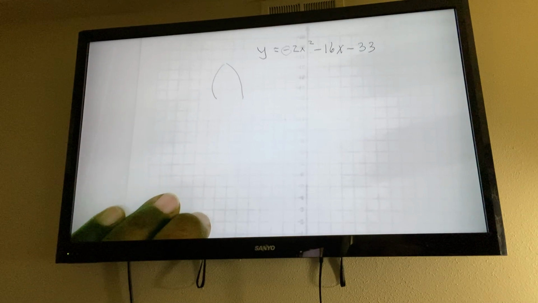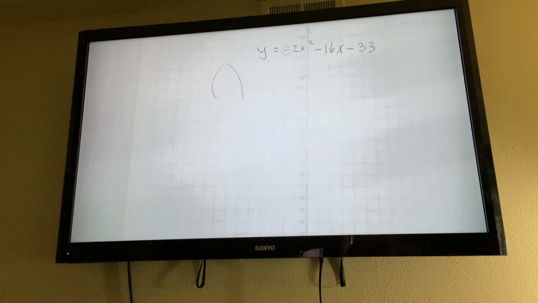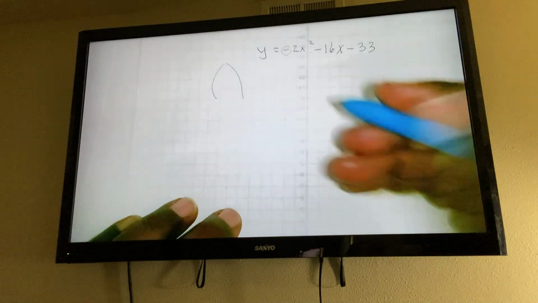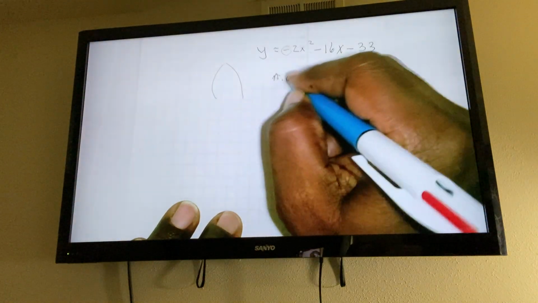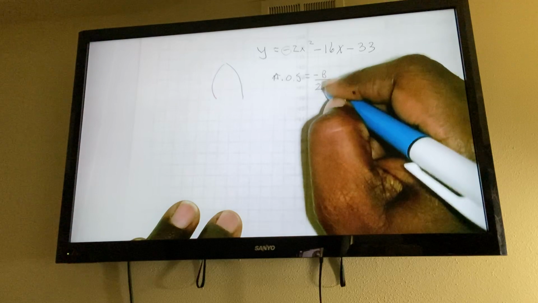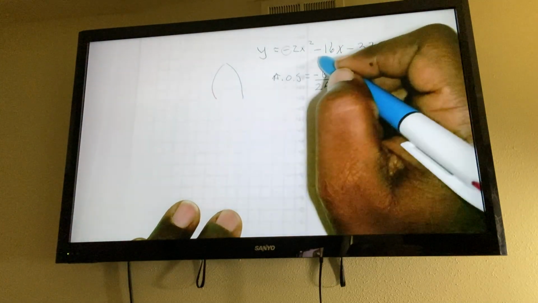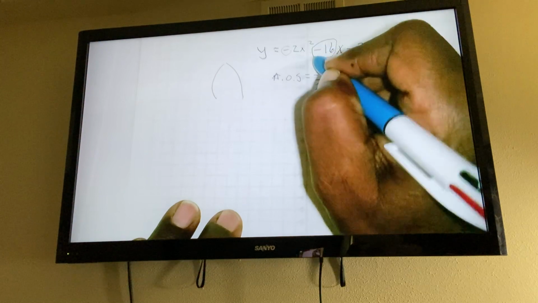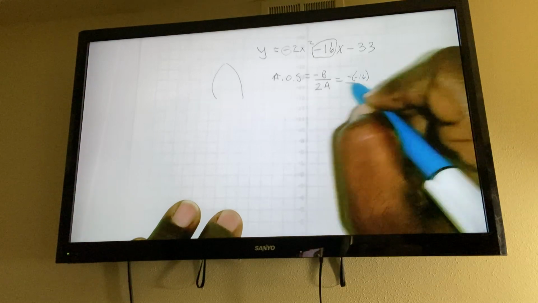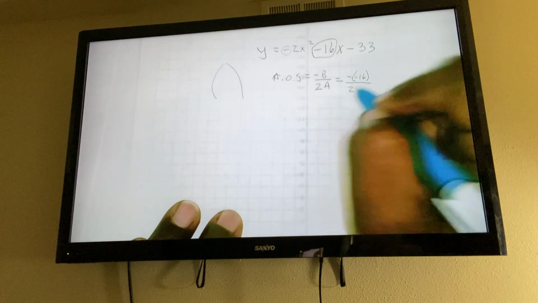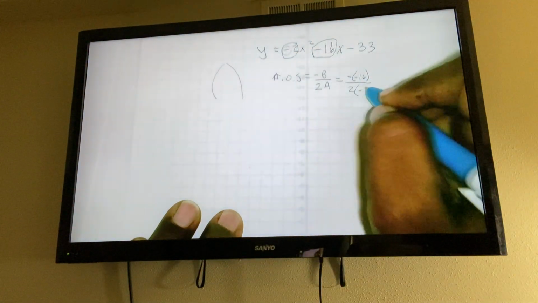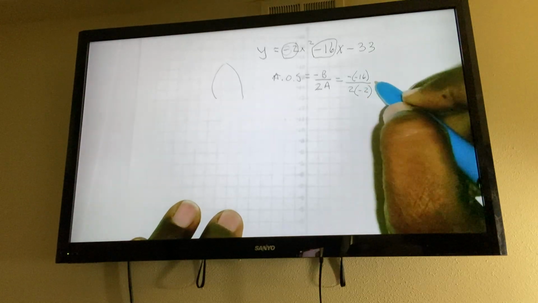Okay, now let's find out our axis of symmetry, because once we find it out, we can find the vertex. Our axis of symmetry equals negative b over 2a. So, since this is b, it would be negative 16 over 2 times a, which is negative 2. Okay, now we do the math.